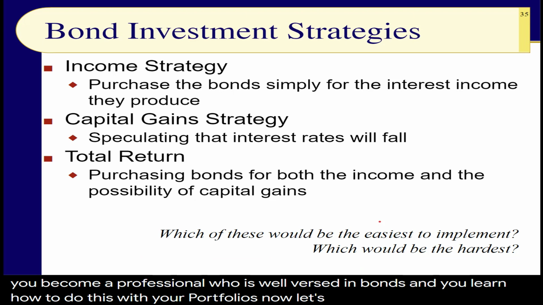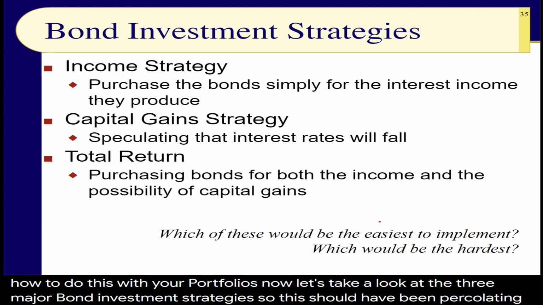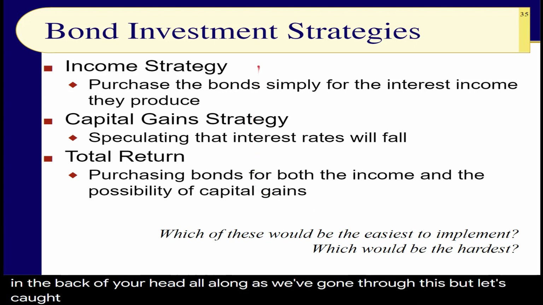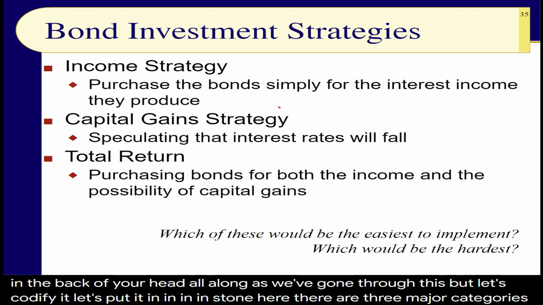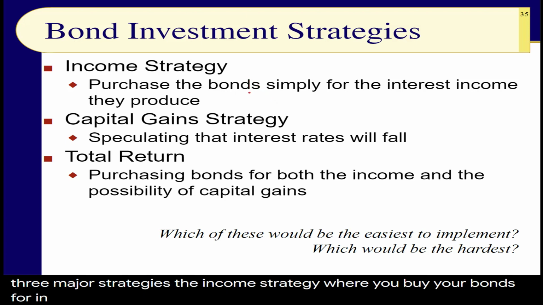Now, let's take a look at the three major bond investment strategies. This should have been percolating in the back of your head all along as we've gone through this, but let's codify it. Let's put it in stone here. There are three major categories, three major strategies. The income strategy, where you buy your bonds for interest income.